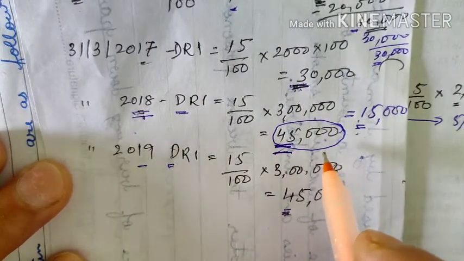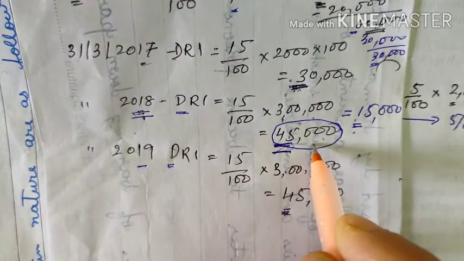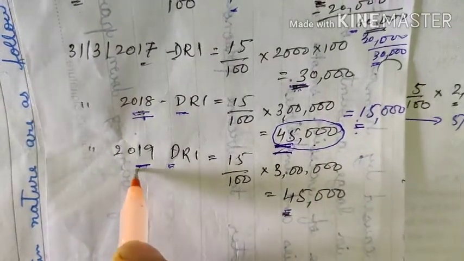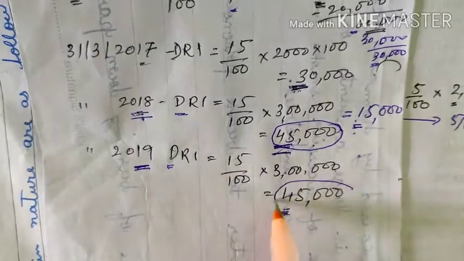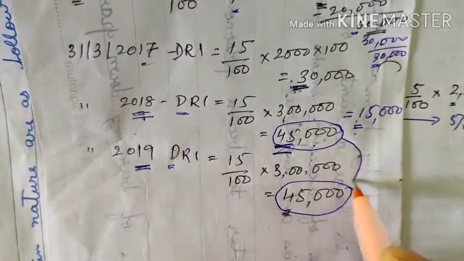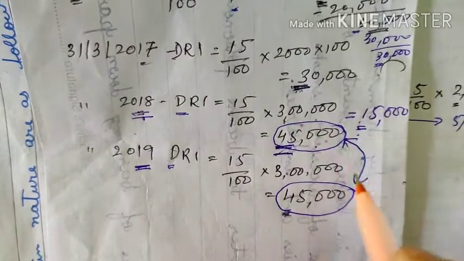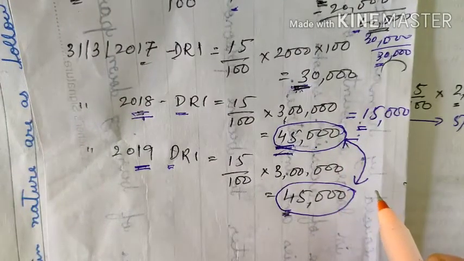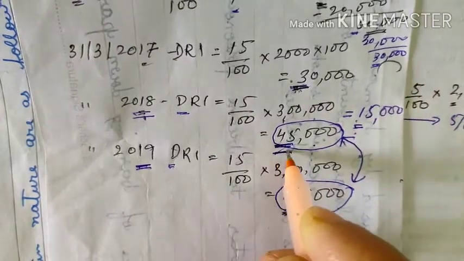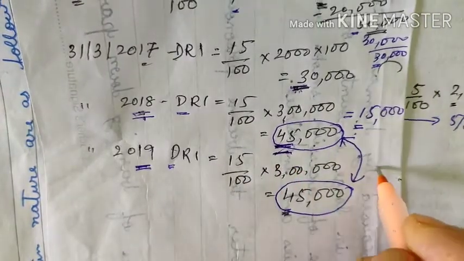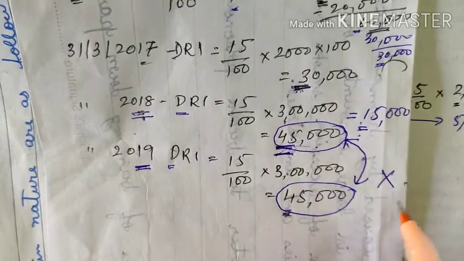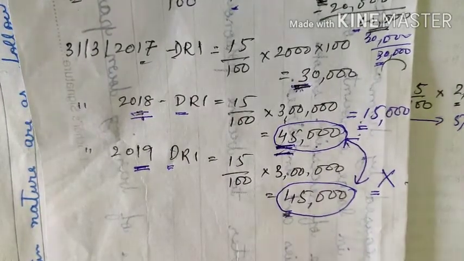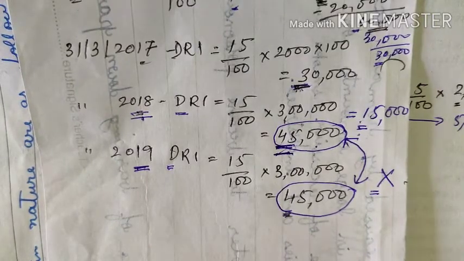It is still existing, we have not realized it, and the investment required for 2019 redemption is also 45,000. These two amounts are same, that means the same amount needs to be invested, but this 45,000 is already there, so you don't need to make the entry for new investment because there is no new investment. So no entry for investment to be made.